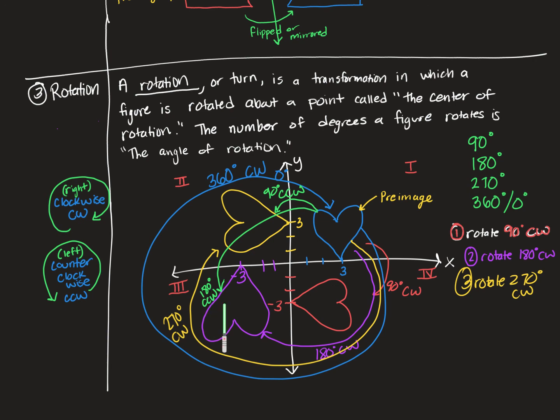These two are the same rotation. 180 degrees clockwise is the same as 180 degrees counterclockwise. And then if you rotate 270 degrees counterclockwise, that's the same thing as 90 degrees clockwise. So this is 270 degrees counterclockwise. And then 360 degrees, you end up at the same spot, counterclockwise.